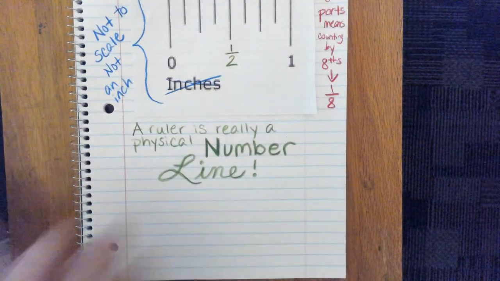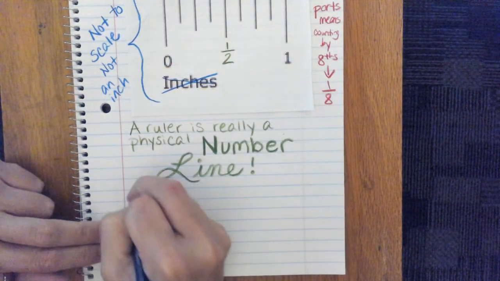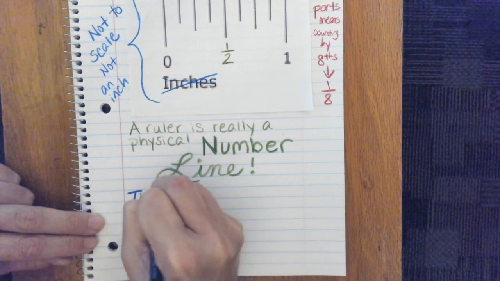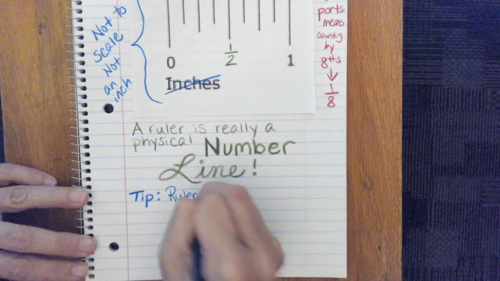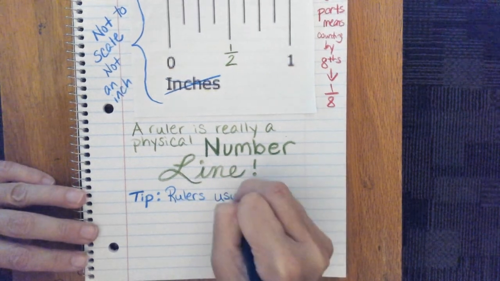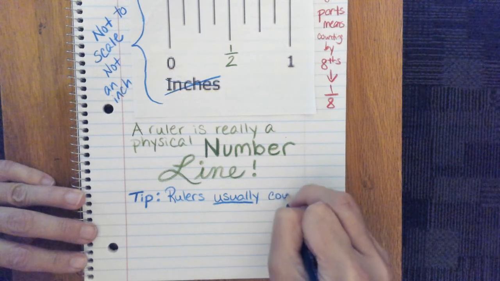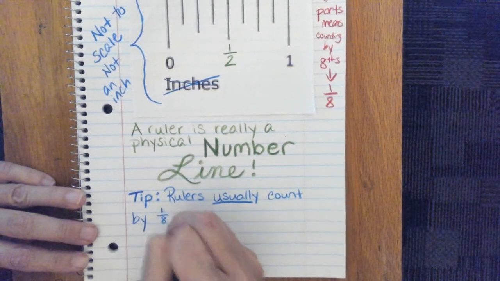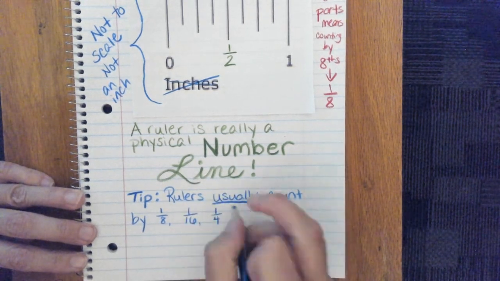And down here, I'm going to add just a note, pro tip. Rulers usually count by 1/8, 1/16, or 1/4.